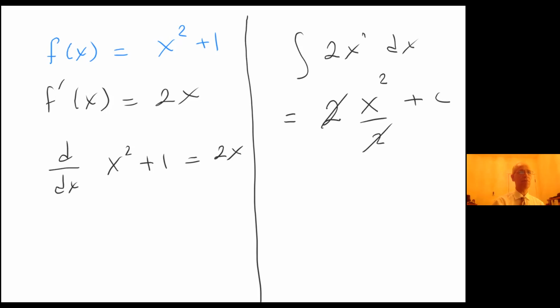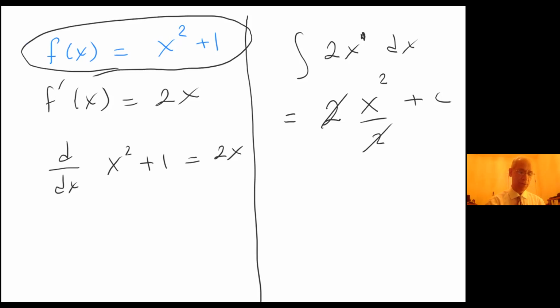So the antiderivative of 2x is x squared plus c. Notice that if you take the derivative, you get 2x, and if you take the antiderivative or integral of 2x, you go back where you started.